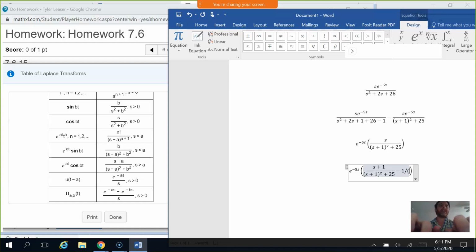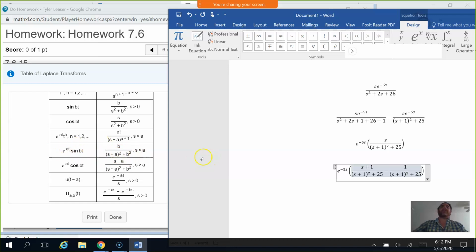So to subtract a 1, I'm just going to make a whole new fraction with a negative 1 instead. Now if I add these back together, it gets me back to just having an s in the numerator. But now the first term, that's the cosine one here, and my second fraction, that's the sine one.